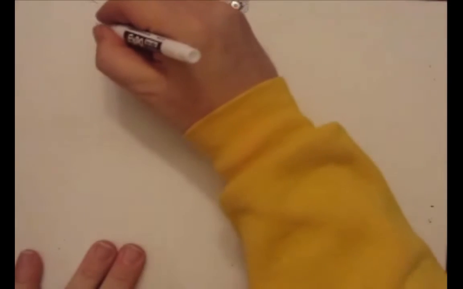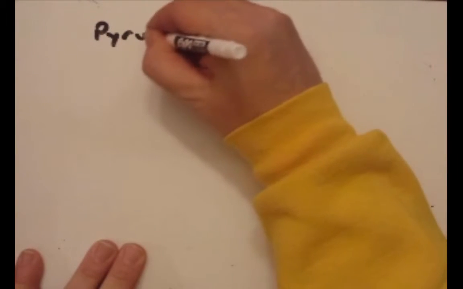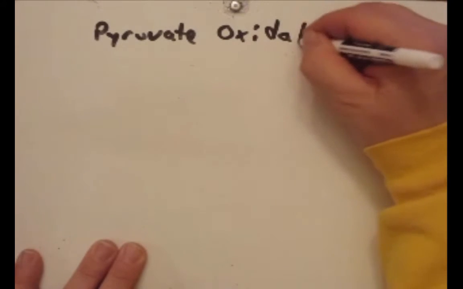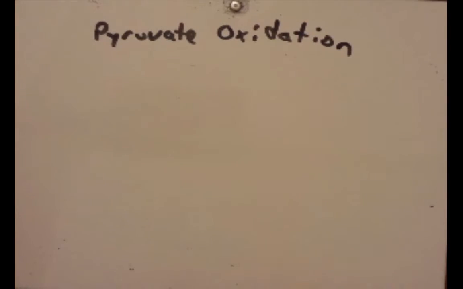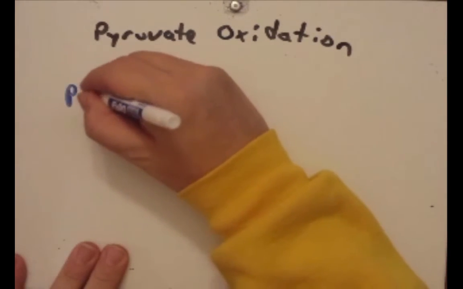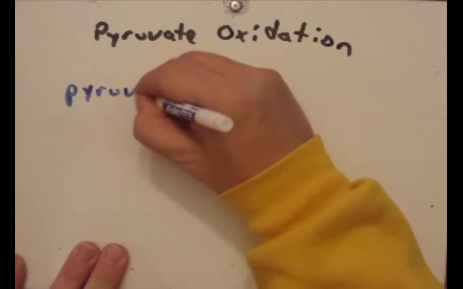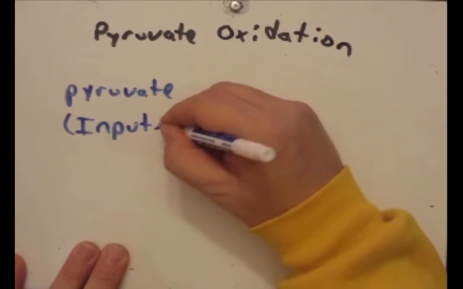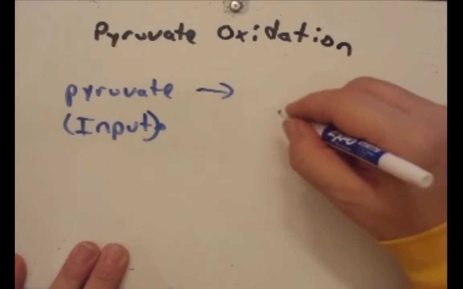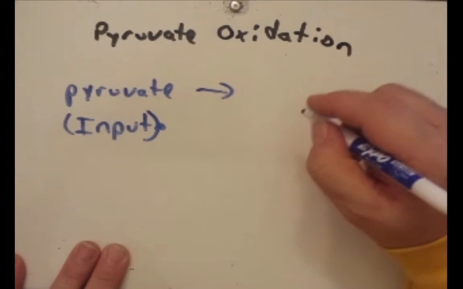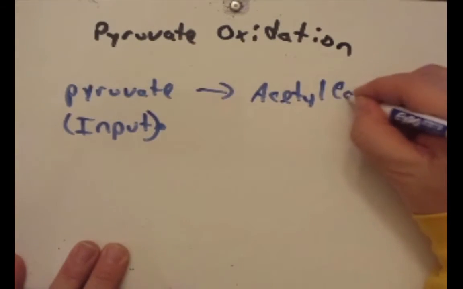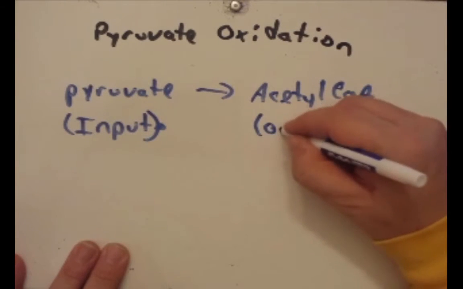Next, let's look at pyruvate oxidation. Pyruvate oxidation takes pyruvate. This is our input, and it converts it into acetyl-CoA. That's our output.